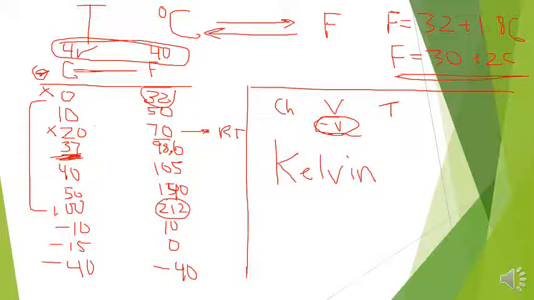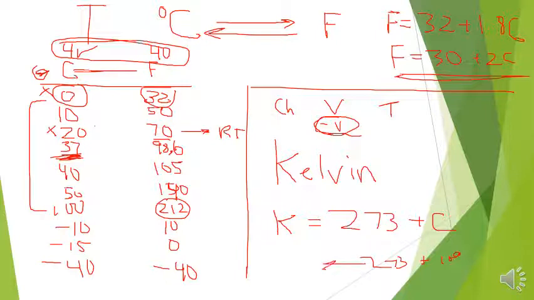This is the one conversion: Kelvin is equal to 273 plus Celsius. So if we were at 0 degrees Celsius, we're at 273 Kelvin. If you were at 100 degrees Celsius, we would be at 373 Kelvin.